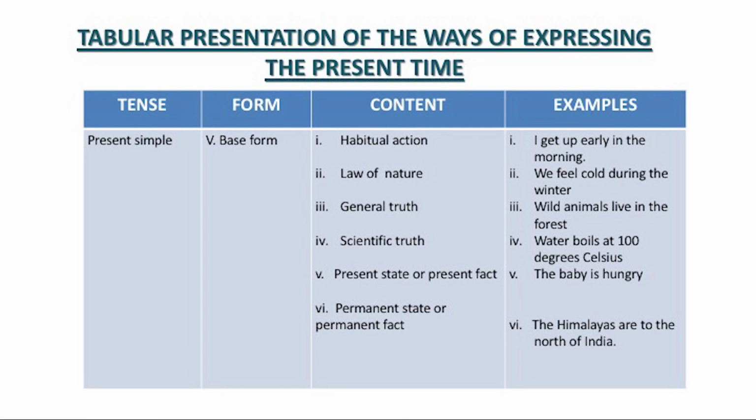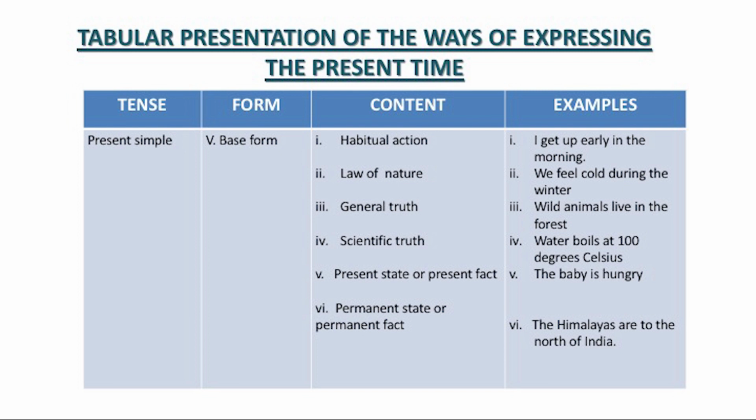In the first column there is the tense, second there is the base verb in the base form. As you know, in simple present, the verb is always used in the base form.